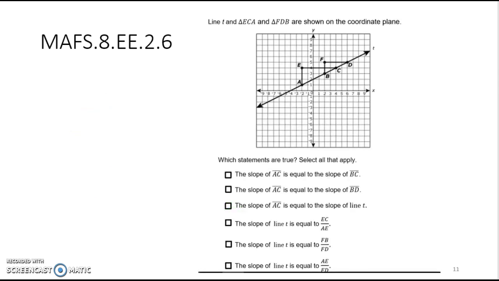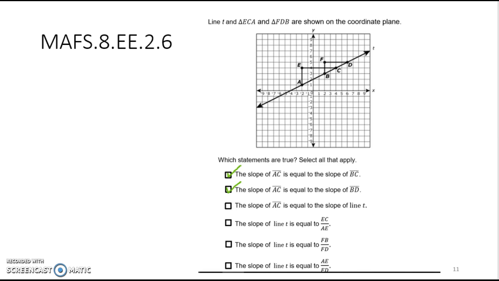Next question. Line T has triangle ECA and triangle FDB. Which statements are true? The slope of AC is equal to the slope of BC. Well, that's true. The slope of AC is equal to the slope of BD. That is true.